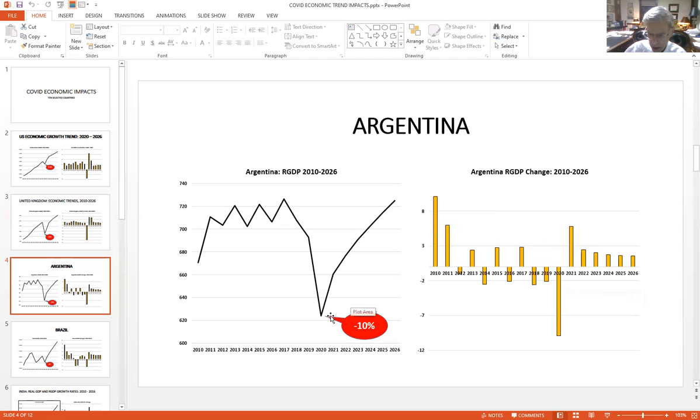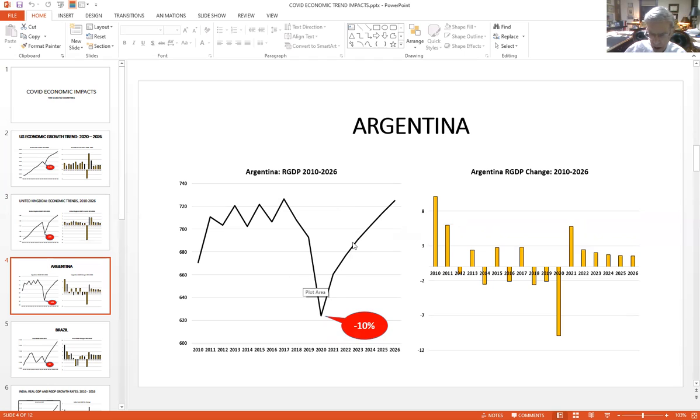So when the coronavirus hit Argentina, the damage was devastating, and the likelihood that Argentina will regain where it left off back in 2017 probably won't be until 2026, 5 years from now.